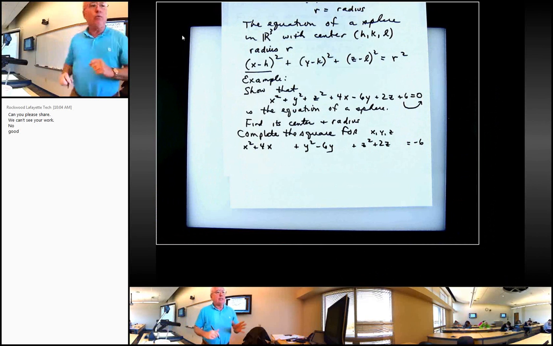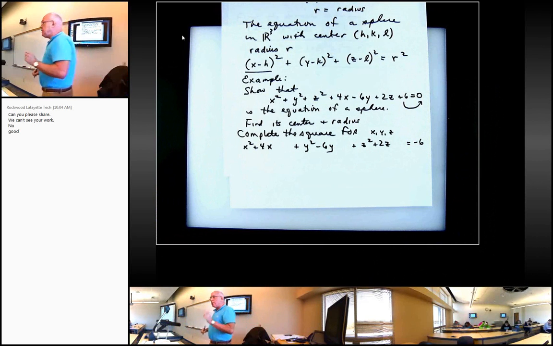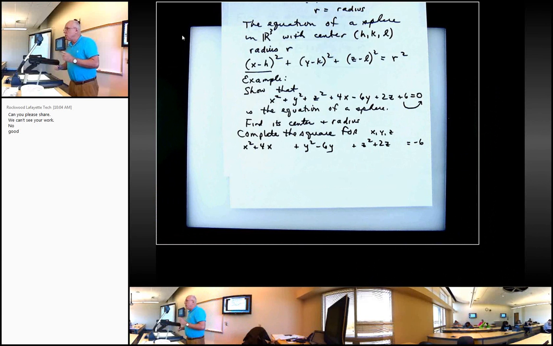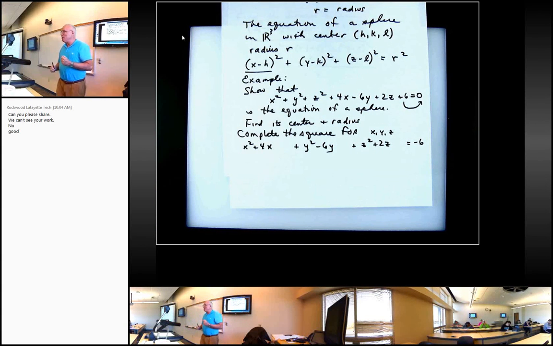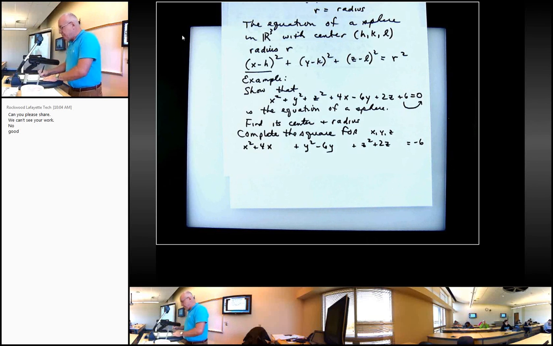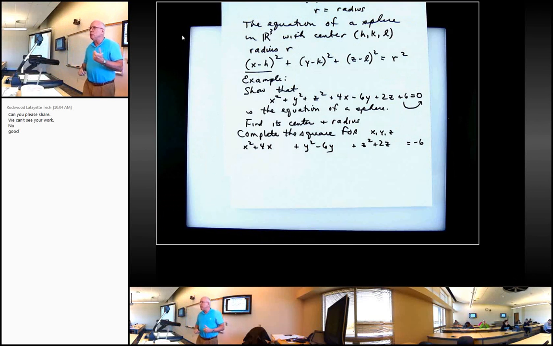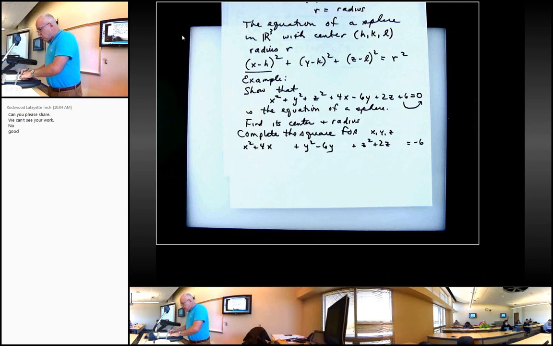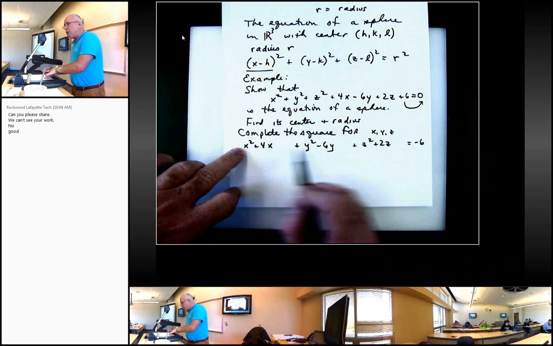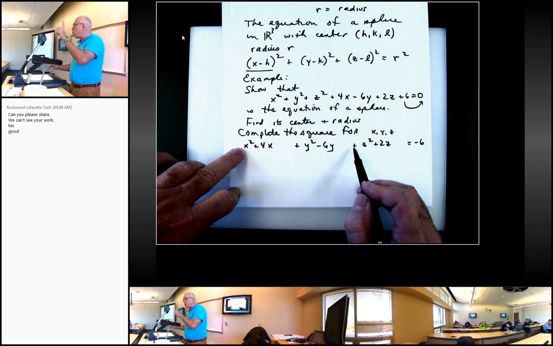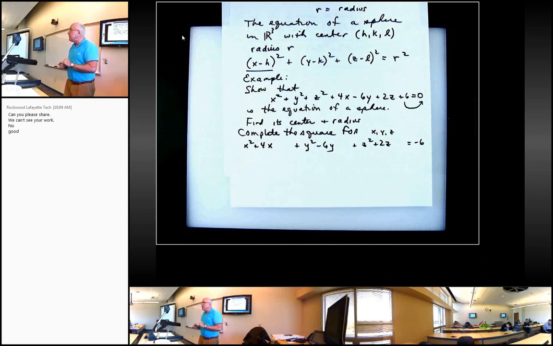Okay, so we have 3 variables there. We want to complete the square. Do we remember the process? Divide the coefficient by 2 and then square it. This is assuming, of course, that our coefficient of the square terms is a 1, which very conveniently it is here.